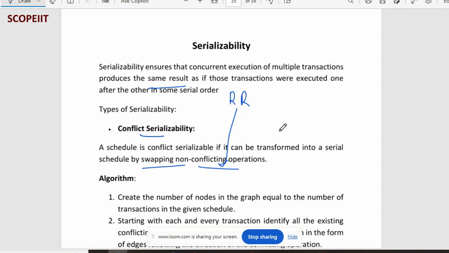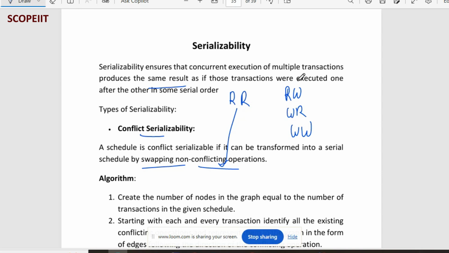But what are the conflicting operations? The conflicting operations are read-write, write-read, and write-write. That means, for example, if I'm reading anything, and at the same time someone is editing or writing inside the transaction, that will create a conflict. In the same way, if another person is writing and we are trying to read the same thing, then also a conflict will occur, because it will lose the updates, right?